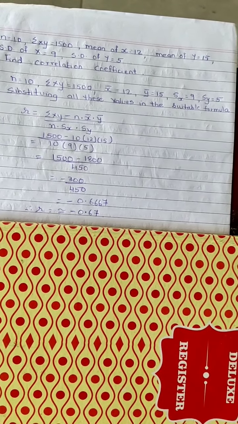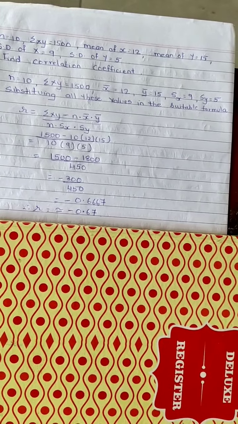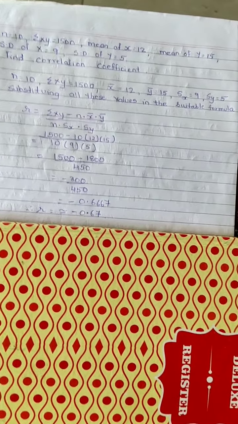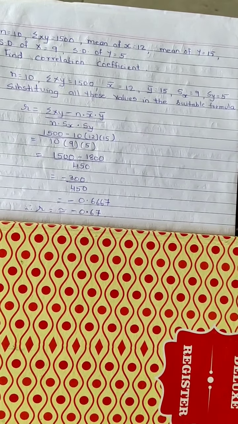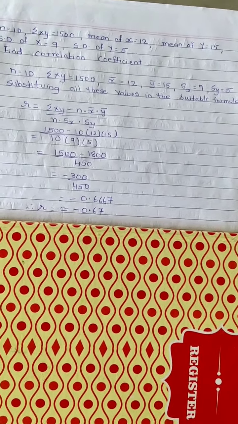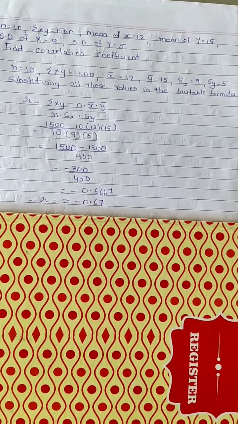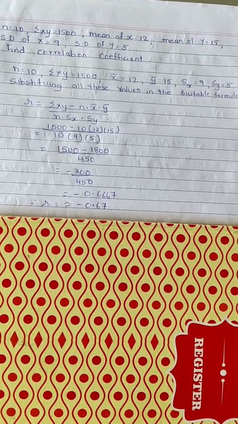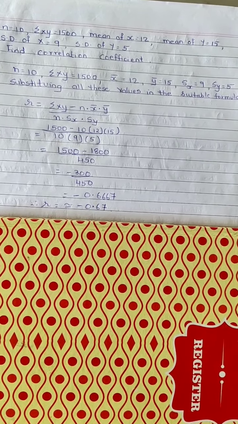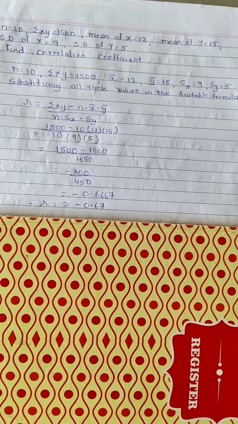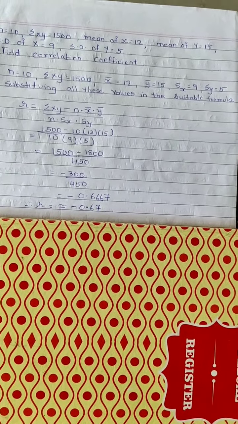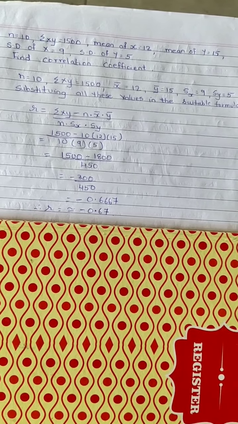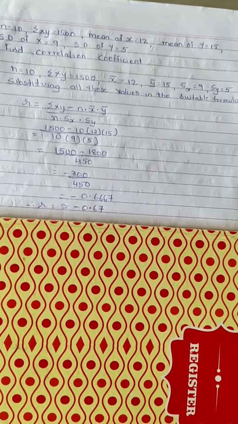Now as here n, sigma xy, x bar, y bar, standard deviation of x and y are given, we are going to use the formula r equals sigma xy minus n into x bar into y bar, divided by n into standard deviation of x into standard deviation of y.